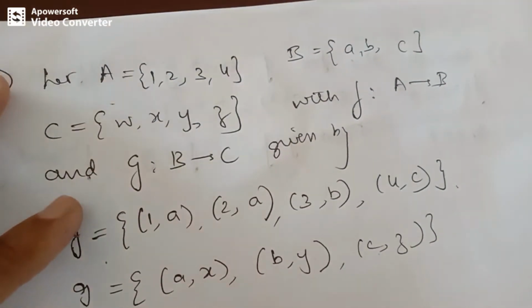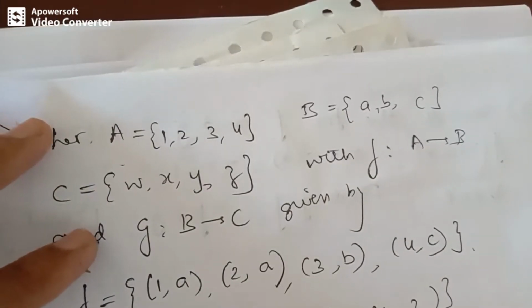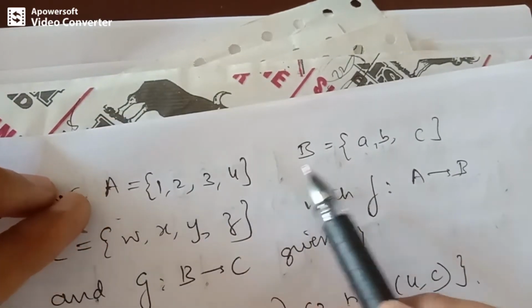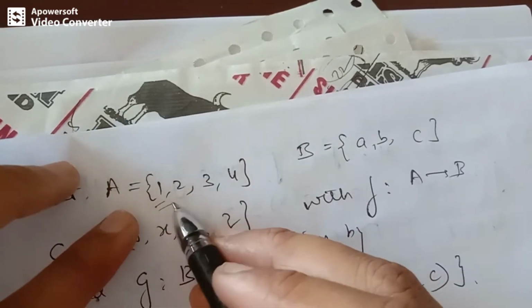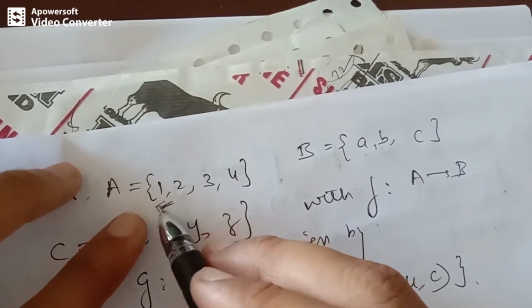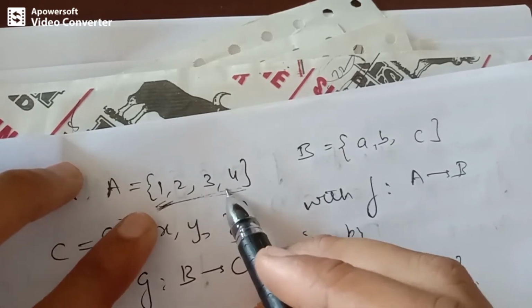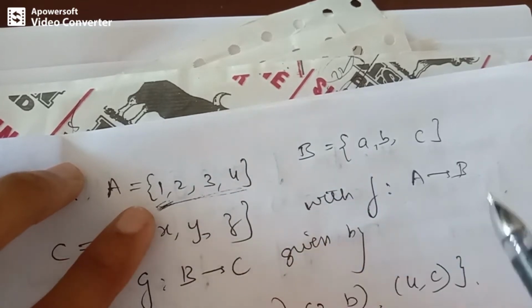So we have to find the product from A to B and B to C. It is a mapping with the help of the elements of a. So we have to find g composite f for all the elements in A, because it is g composite f of a. From the element of A it is being mapped to C.